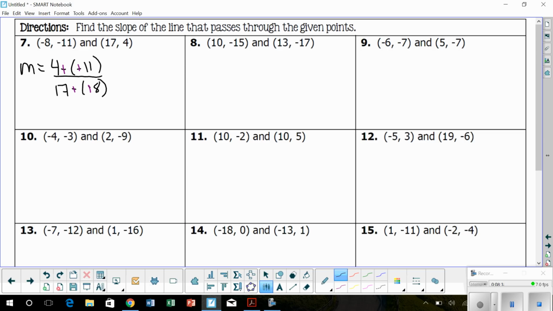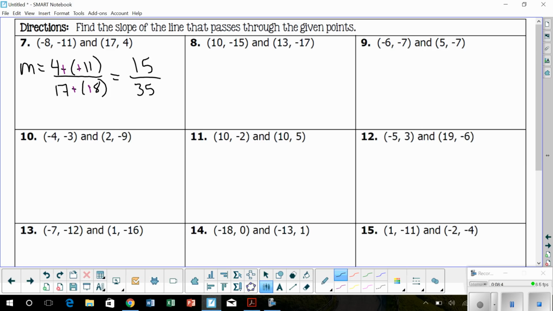And what are we left with? We've got 15 over 25.